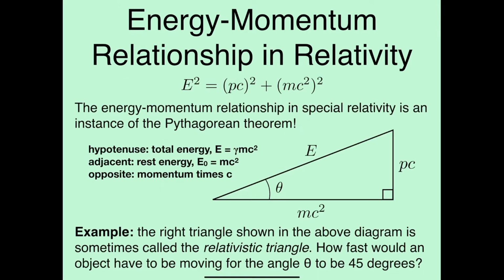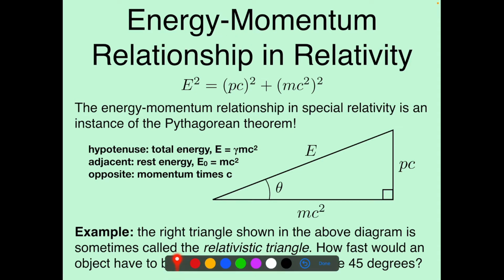That's the idea. So if we take a closer look at this energy-momentum relationship, which is E squared equals (PC) squared plus (MC squared) squared, again, this relates the momentum and the total energy of an object in relativity.